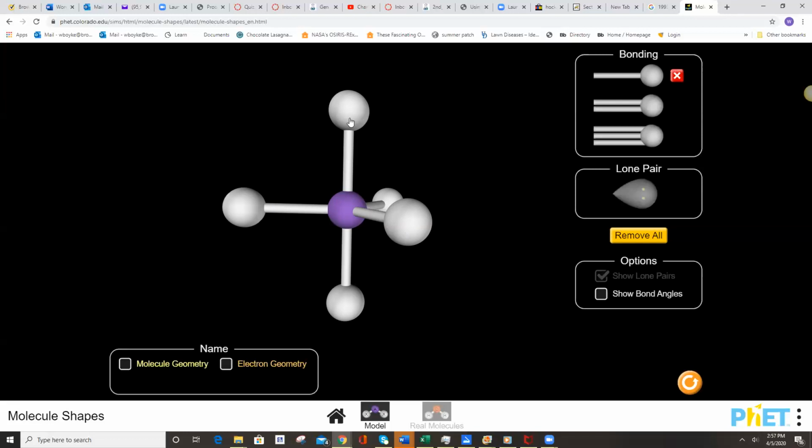Meanwhile, the 2 at the top, the one at the top and the one at the bottom, run through the axis of this shape. So we call these 2, the top and the bottom, the axial position. So we have 2 different positions. We have these 3 in the middle that are equatorial positions, and these 2 on the top and the bottom that run through the axis are called the axial positions.